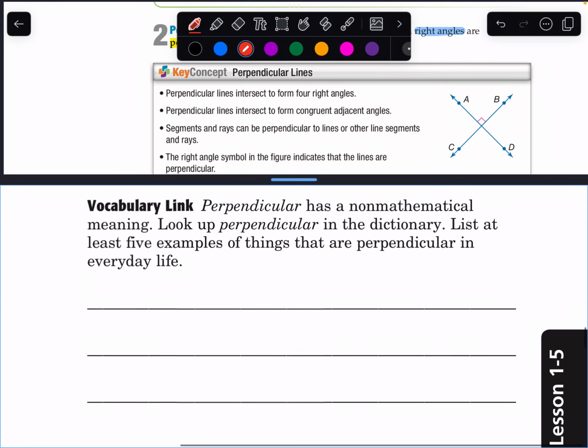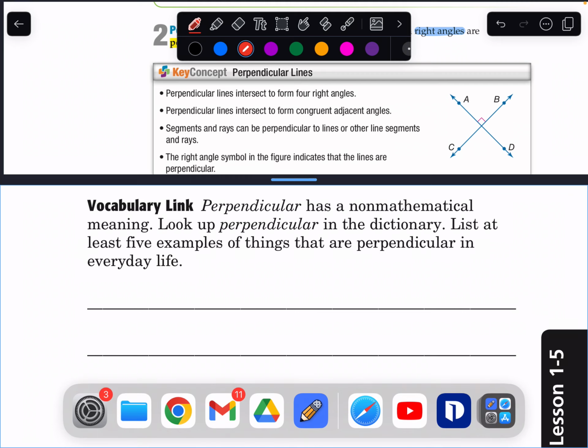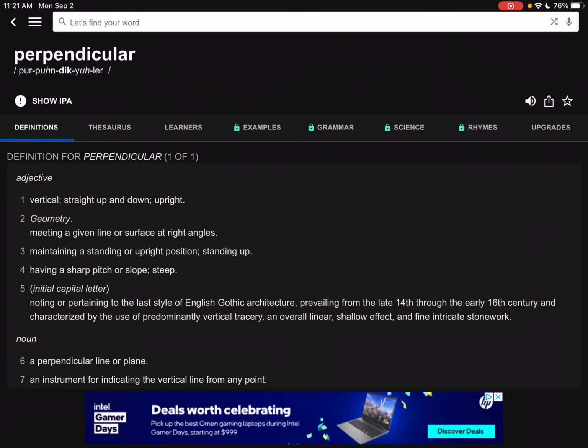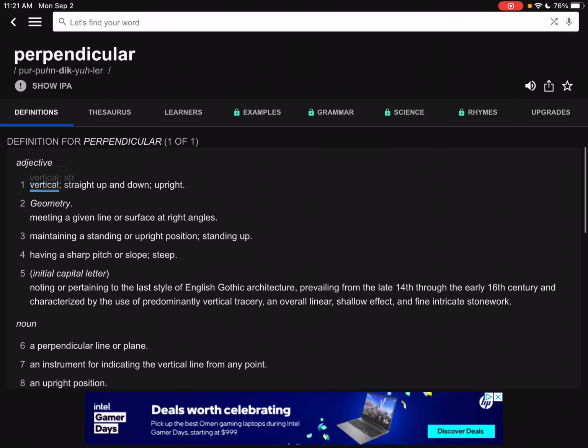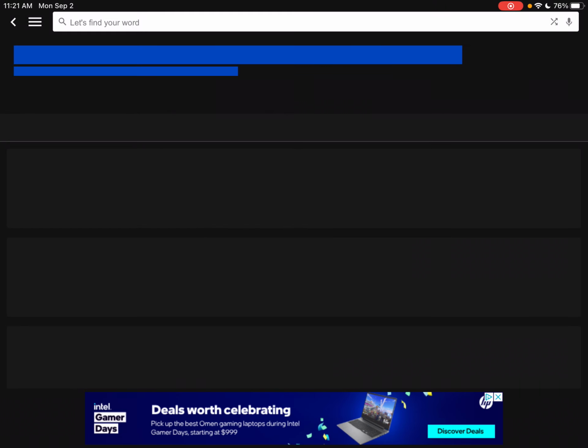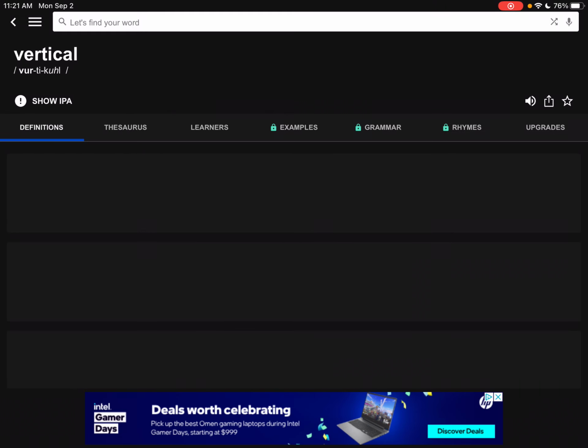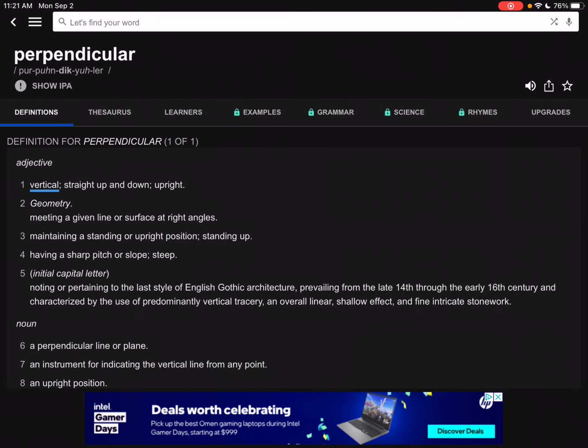Okay. While we're here, perpendicular has a non-mathematical meaning. Look up perpendicular in the dictionary. List at least 5 examples of things that are perpendicular in everyday life. Okay. Let's open up the dictionary app here. Perpendicular. Vertical. Straight up and down. Oh, I searched vertical. I did not mean to do that. Straight up and down.